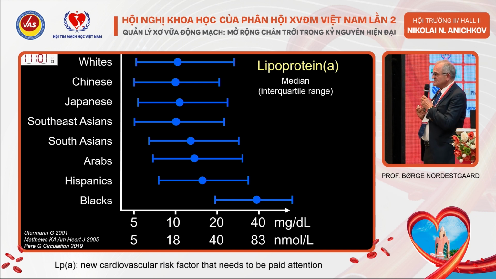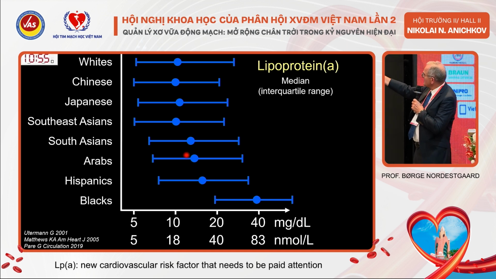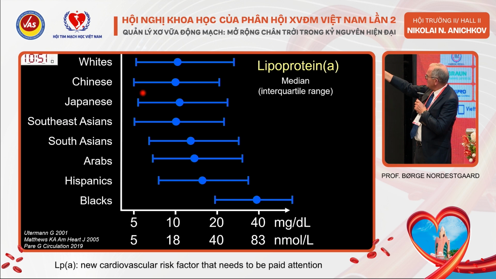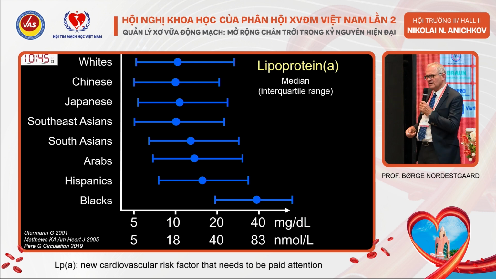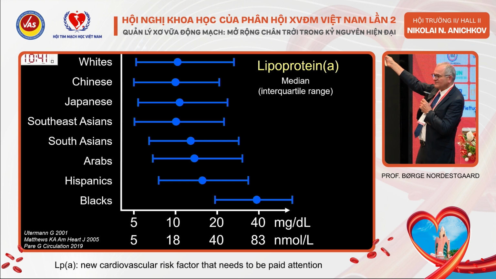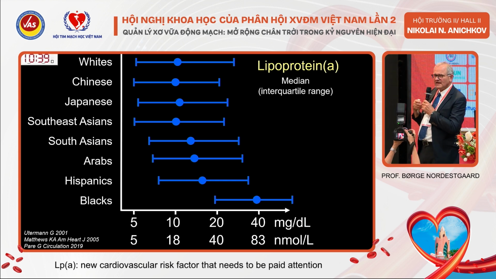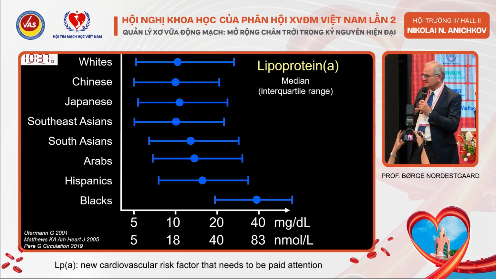In different ethnicities, that's the other thing that really makes a big difference. What I show here is the median level, and then up here is the interquartile range, and here down below are the concentrations in both milligram per liter and nanomoles per liter. You can see whites, Chinese, Japanese, and here in Vietnam, Southeast Asia, have approximately the same concentrations.